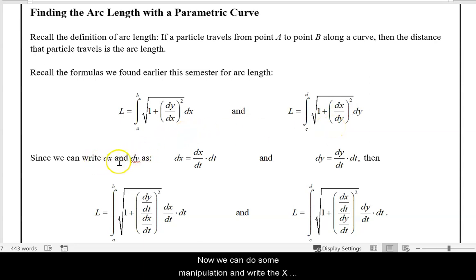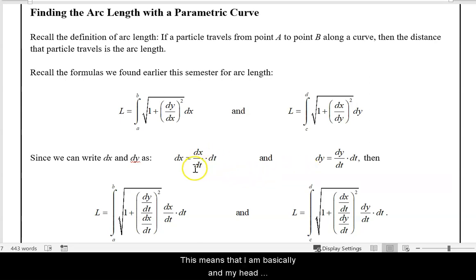Now we can do some manipulation and write dx and dy in this format. This is an abuse of notation since the derivative is an operation and not a fraction. However, this is again the genius of Leibniz's notation. It works, so we do it.